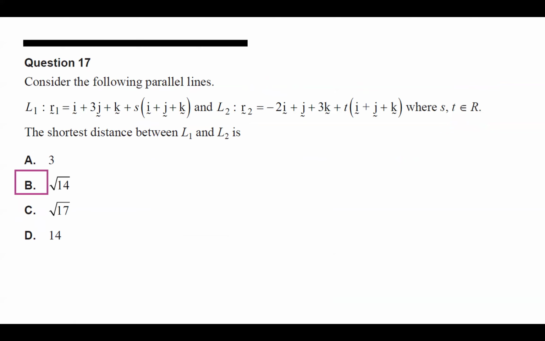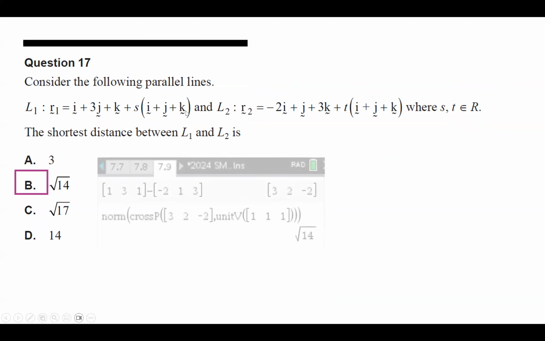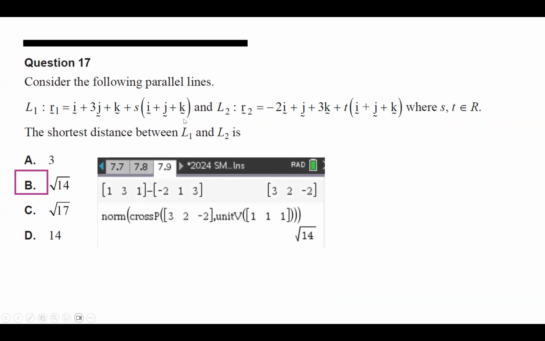Question 17 is a classic vector lines equation problem. We have two parallel lines. The way I find the distance between two parallel lines is, one, I pick one point from each line. Two, I use these two points to form a connecting vector between the two lines.